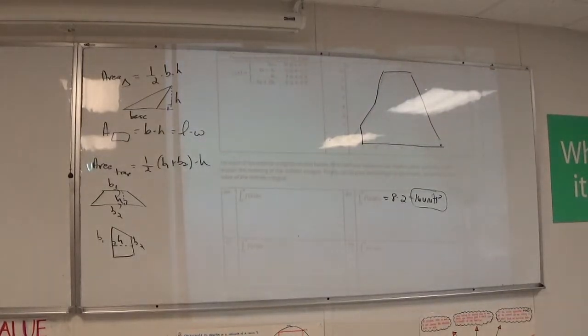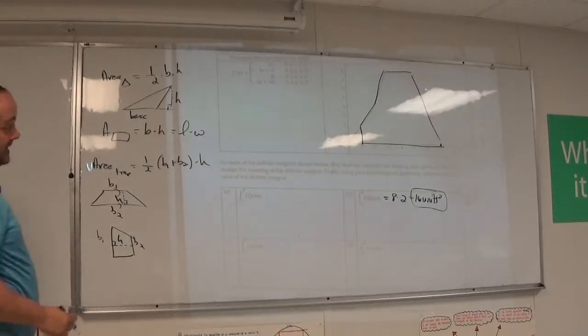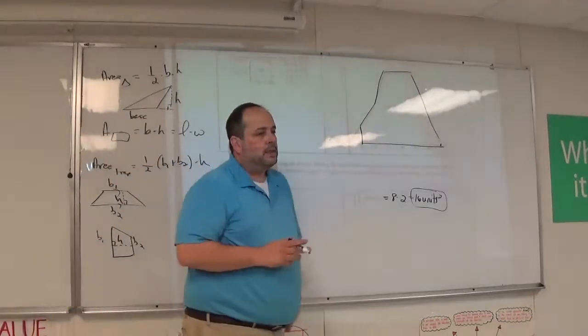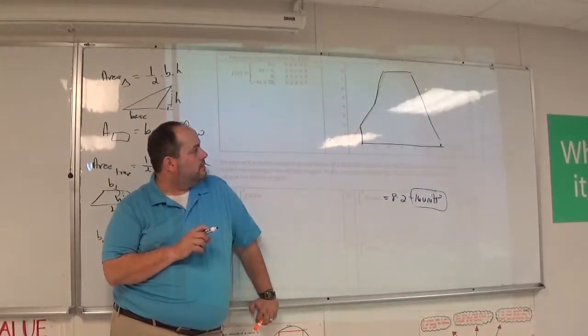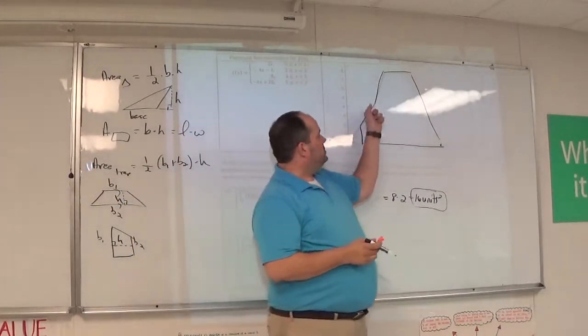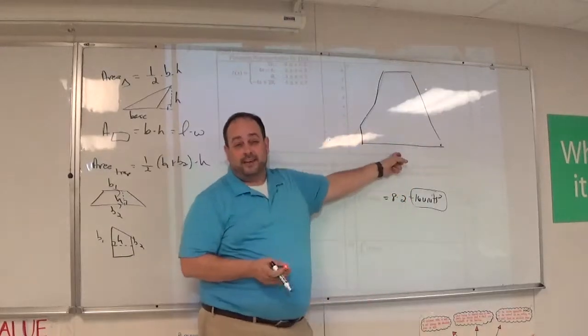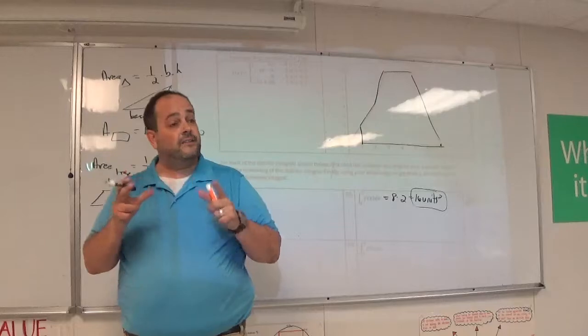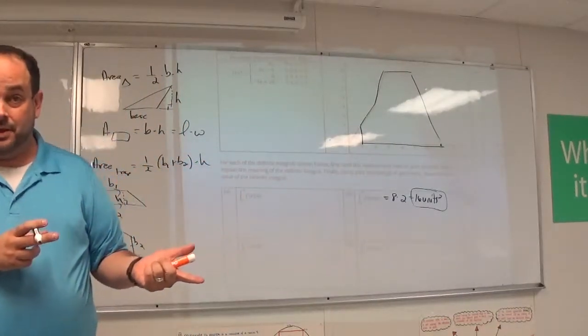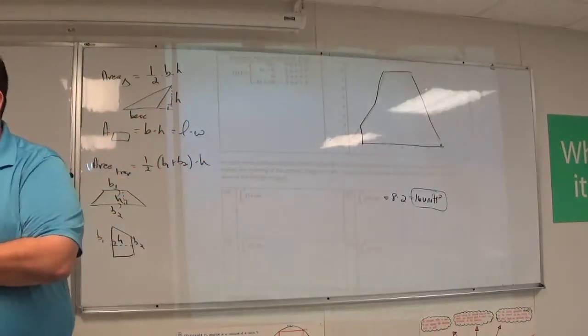How many sides? 1, 2, 3, 4, 5, 6. Name for that? Hexagon. Now, you don't have area formulas for hexagons, but you do have other area formulas that you can use.